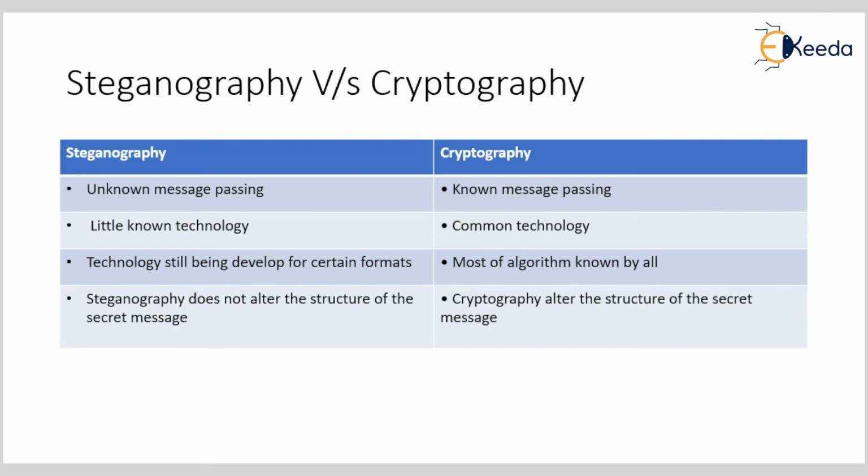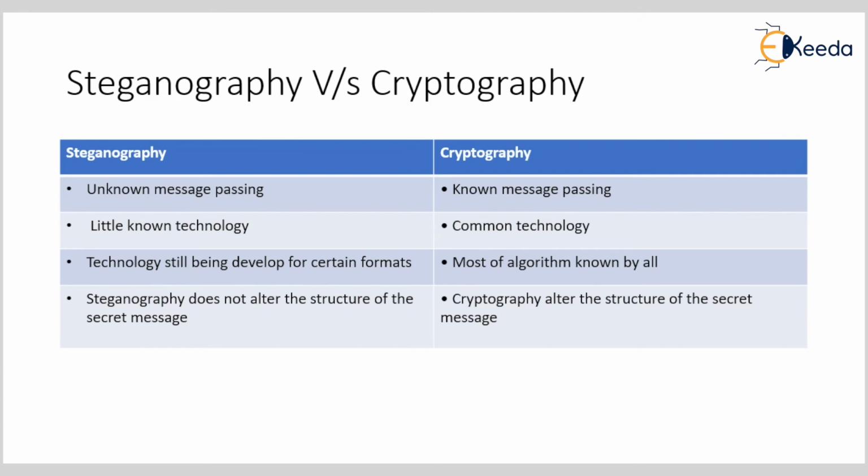Steganography does not alter the structure of the secret message. Cryptography alters the structure of the secret message. Steganography does not alter the structure of the secret message, meaning when we hide the data with some other information, we do not do anything with our original data. We do not add anything, we do not delete anything, we do not update anything in the original structure of the message. But with cryptography, we do alter the structure of the secret message by encrypting it.